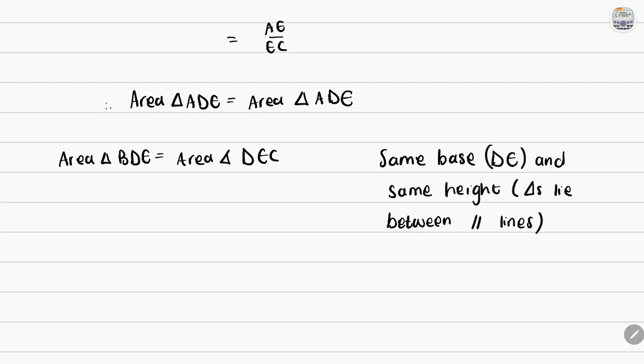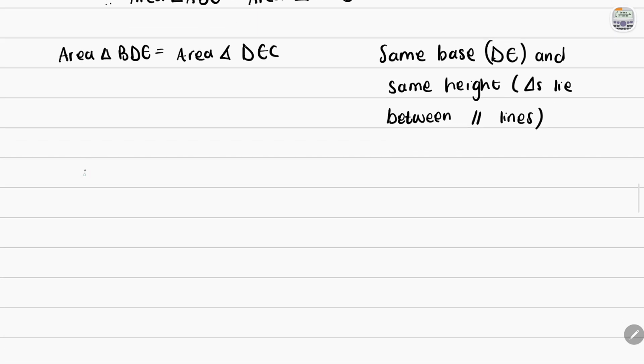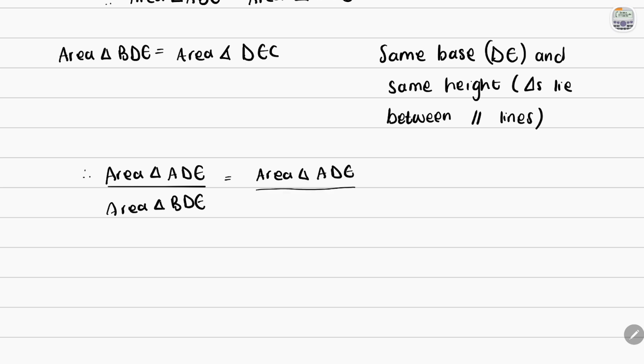And now because we were able to conclude that they were equal, we can therefore say that this means that the area of triangle ADE over the area of triangle BDE is equal to the area of triangle ADE over the area of triangle DEC.